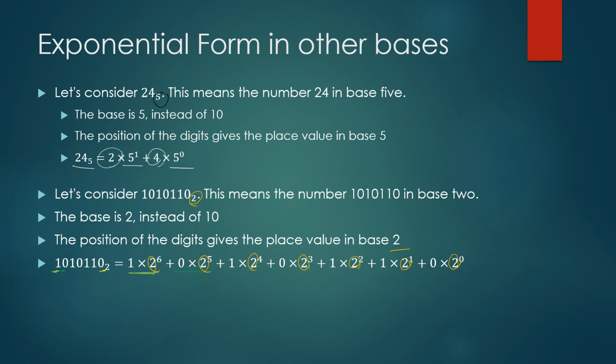We have base 5, so that means our base for our exponential is 5. And then the values here, the 2 and the 4, represent the number of groups that is in that position, which is no different than in base 10. The meaning is the same, but the base is a different number.